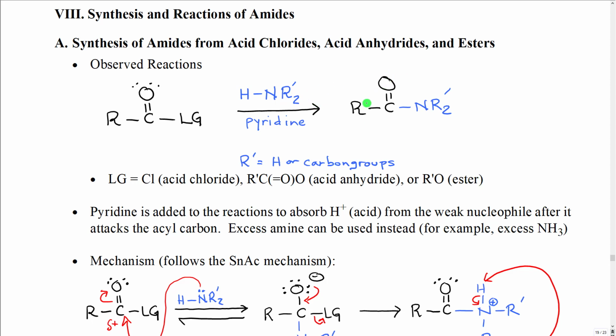The end product then would have our acyl group, our C double bond O, and we would have NR2 prime attached. We would have lost one hydrogen from our starting reactant material.